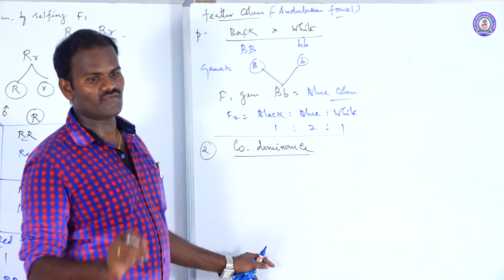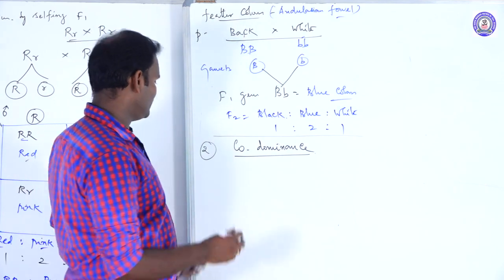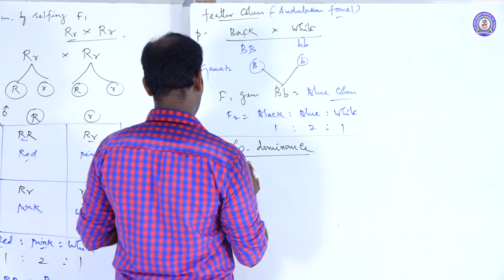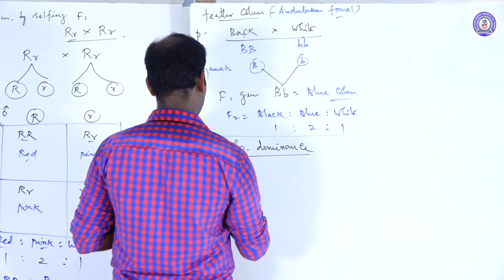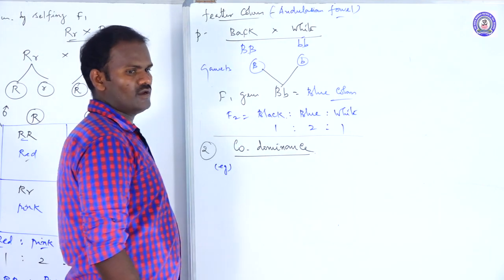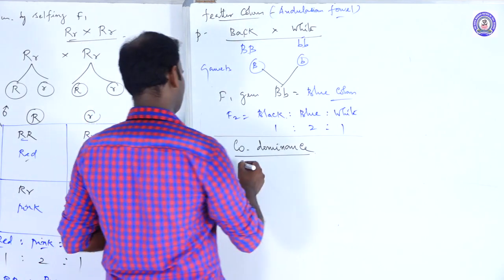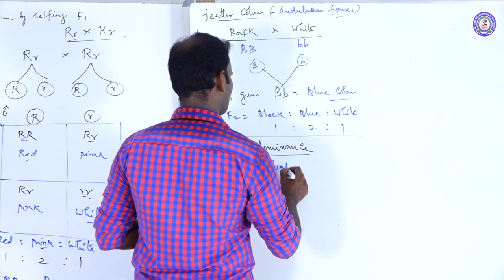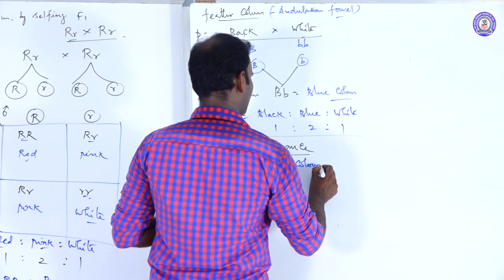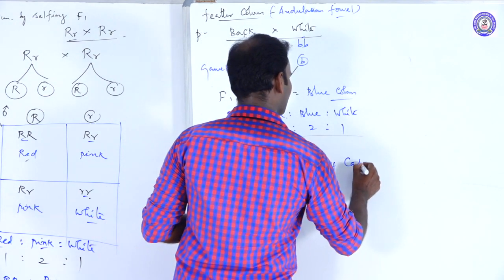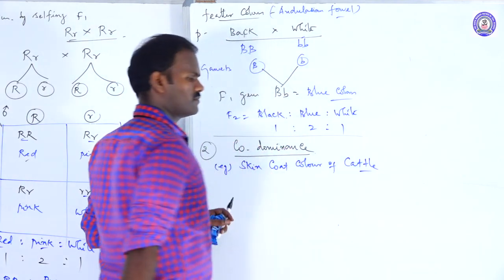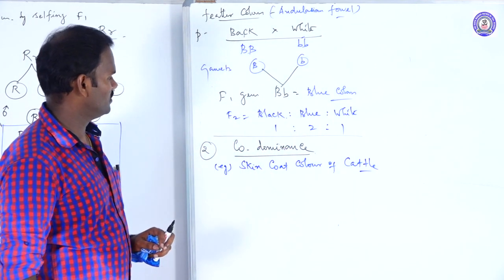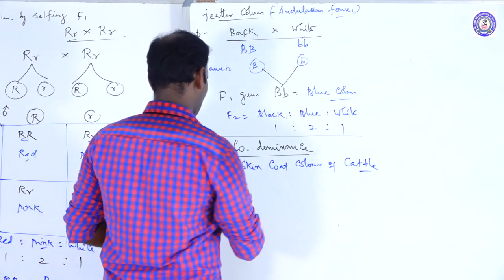Here also is a failure of complete dominance. Examples of codominance: the coat color of cattle, I mean short horned cattle.